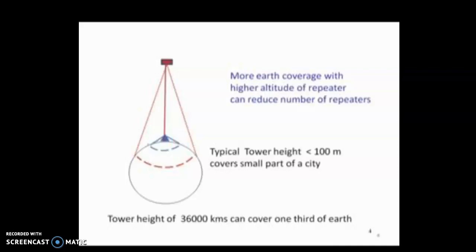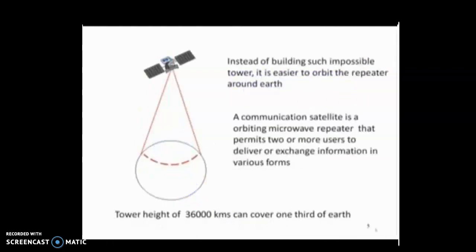So more earth coverage is possible at a higher altitude, and that altitude is roughly calculated as 36,000 km above the earth surface. We will do all the calculations later. We are just giving some numbers.